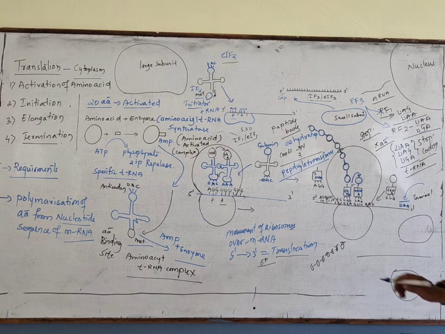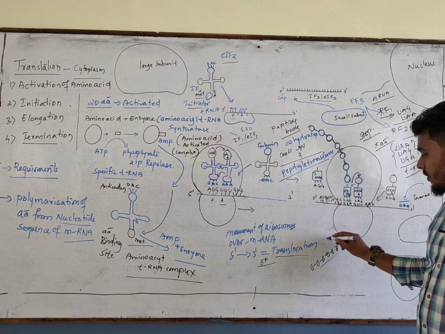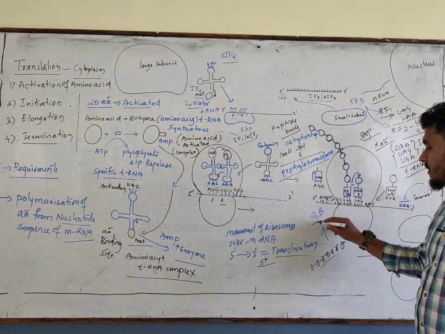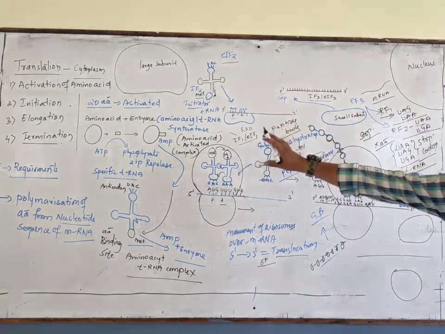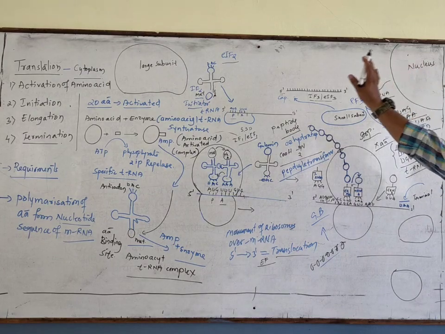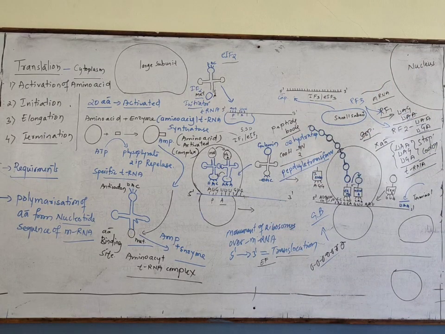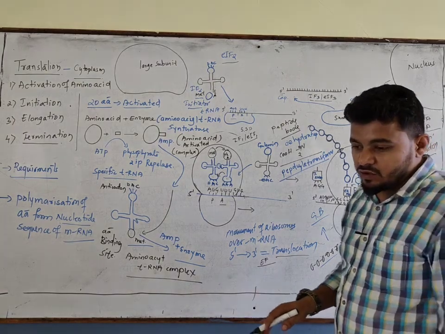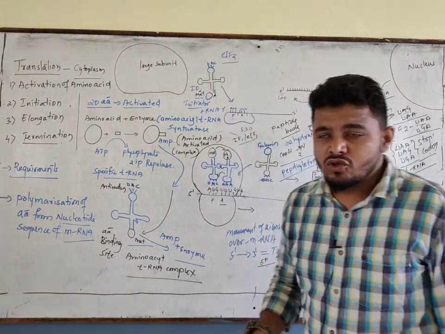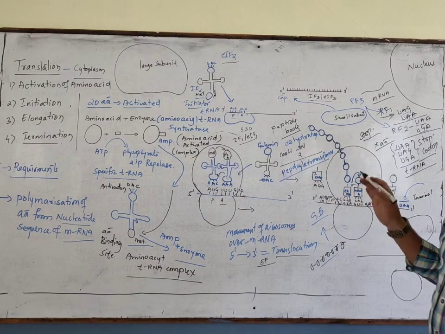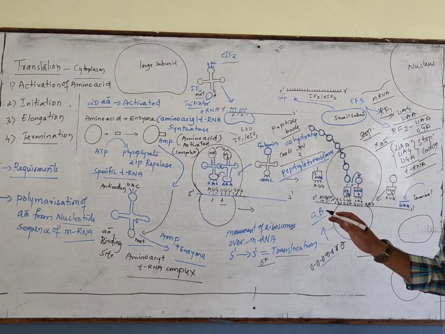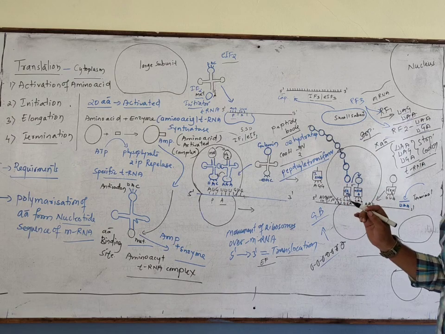Like that, this amino acid chain next goes to the Golgi bodies for further modification. This particular translation process happens in the cytoplasm. There are thousands of such polymerization processes taking place in the cytoplasm.